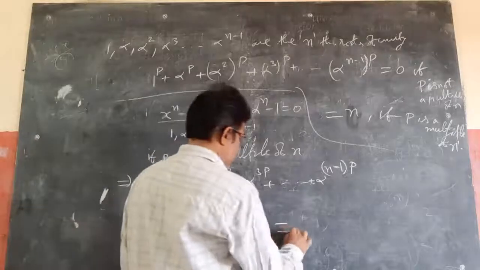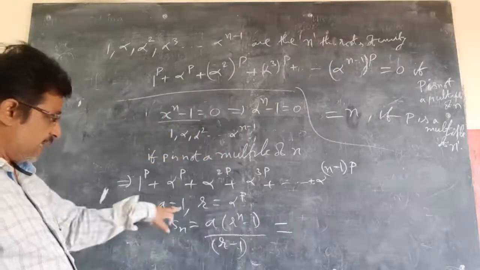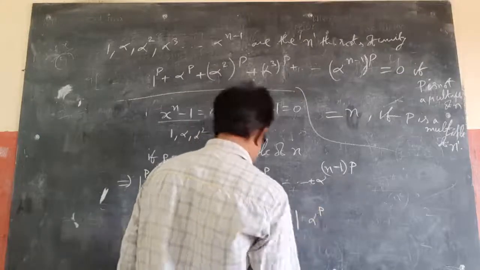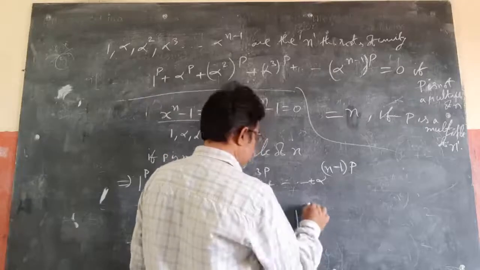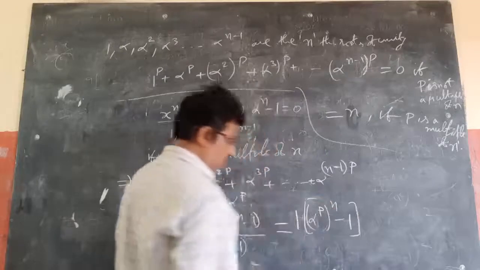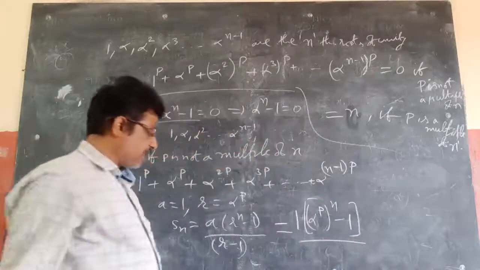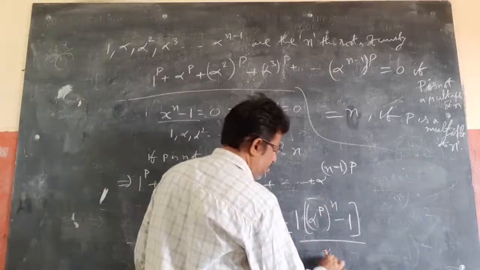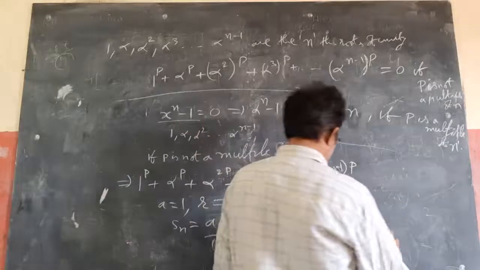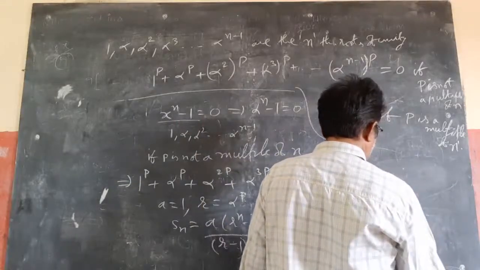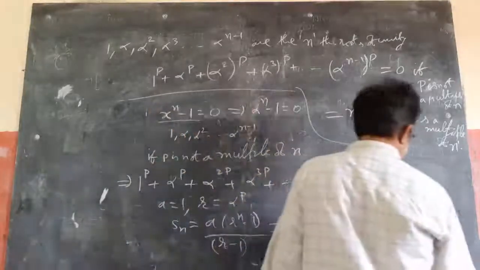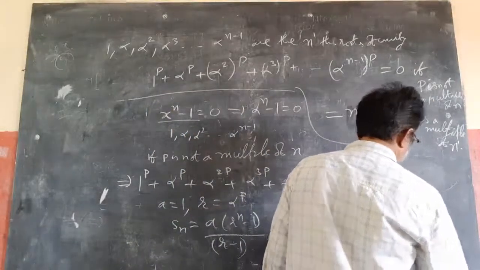So this is equal to a, here 1, into r power n minus 1, where the common ratio r is alpha power p, by r minus 1, that is alpha power p minus 1. Now this is equal to alpha power n whole power p minus 1 by alpha power p minus 1.